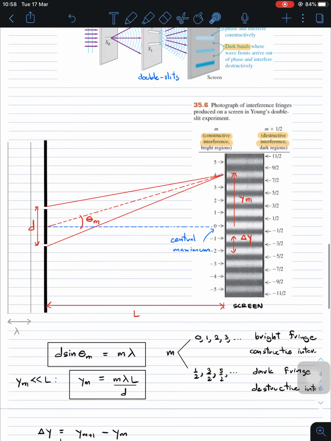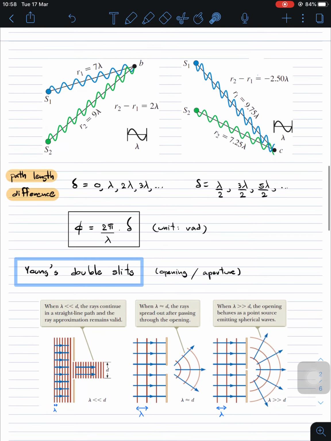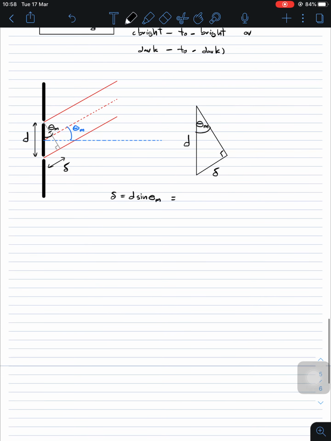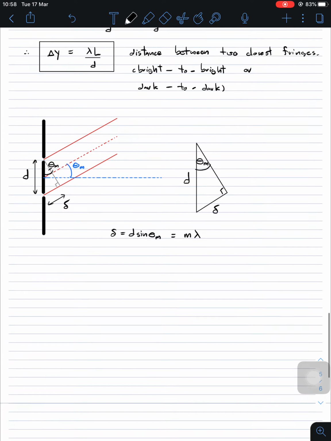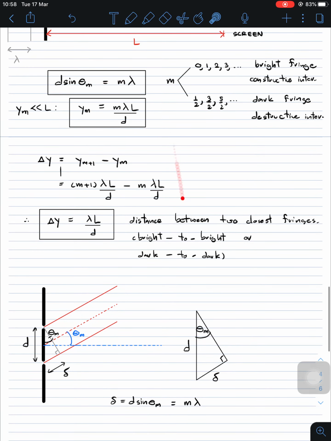Now to get constructive interference, for example the bright fringe, this delta must be equal to 0, lambda, 2 lambda, 3 lambda, and so on. So it must be equal to m times the wavelength, and that's it. That's why we can get this equation from this picture here.